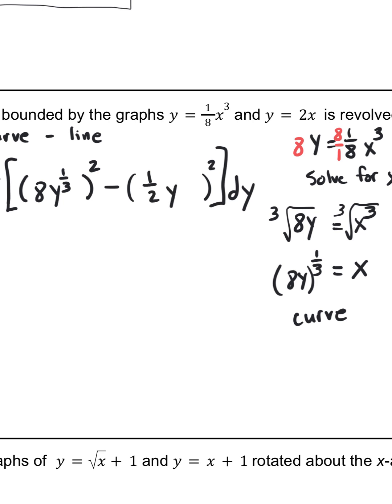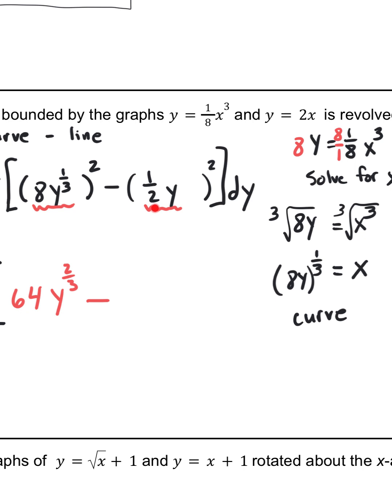All right, let's go down and simplify that. Everything in here is going to get squared, so that can become 64. When I raise one power to another, I multiply, so that becomes y to the 2/3. All right, when I simplify this, over here, everything in here gets squared.